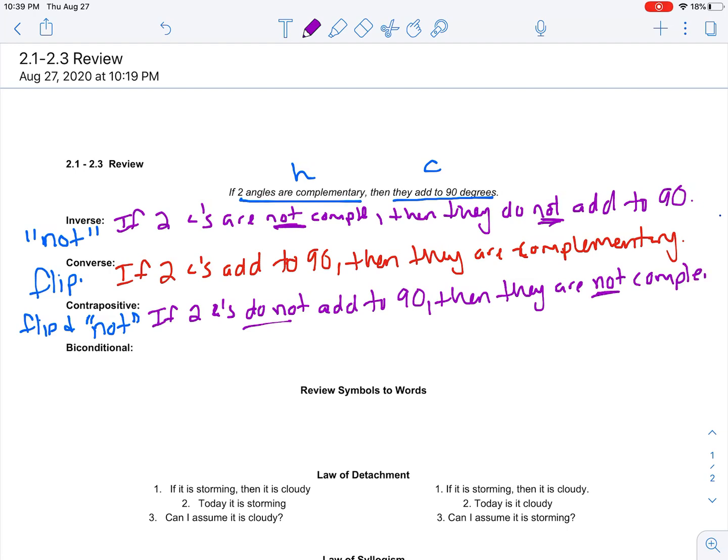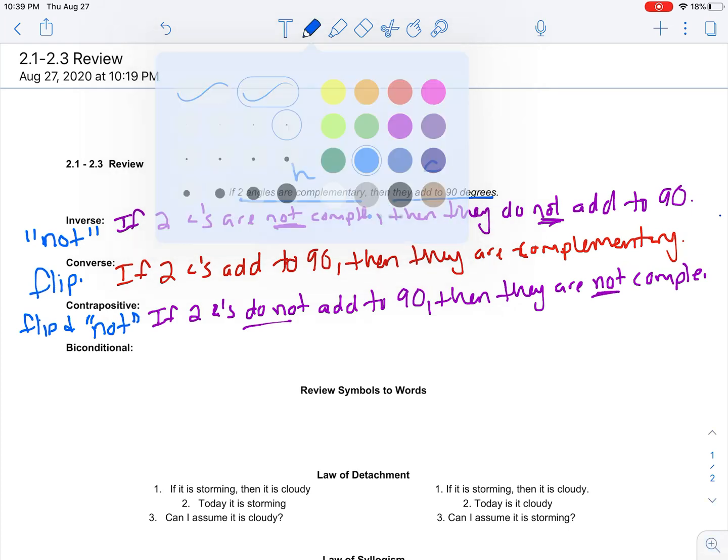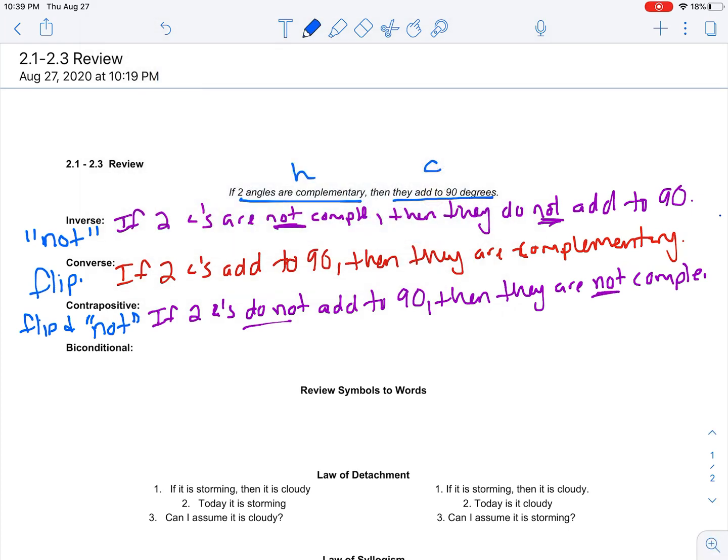Okay, biconditional. What do we do to the statement for biconditional? Or what words would be in the statement to help us recognize that it's a biconditional statement? What do we look for? That one we look for our if and only if. Okay? Remember, the biconditional, we take the hypothesis and conclusion, take out the if and then, and put if and only if between them.